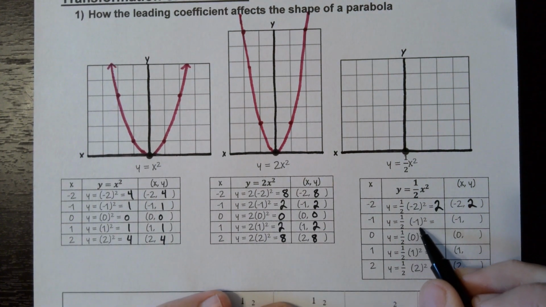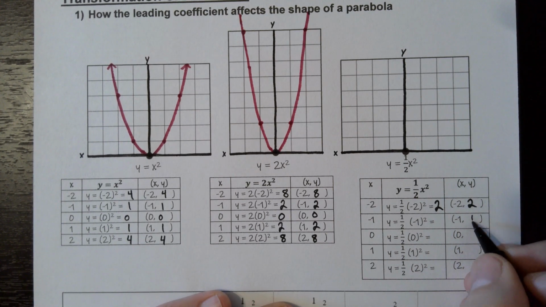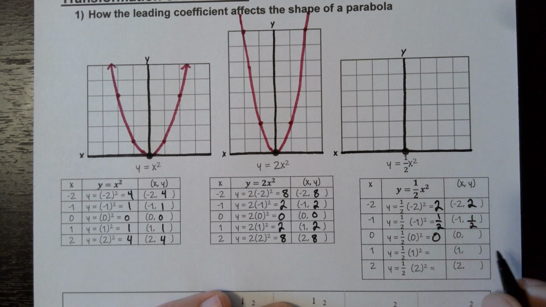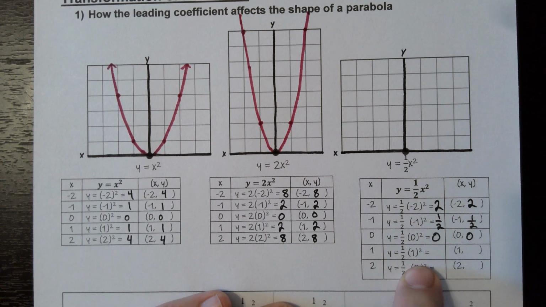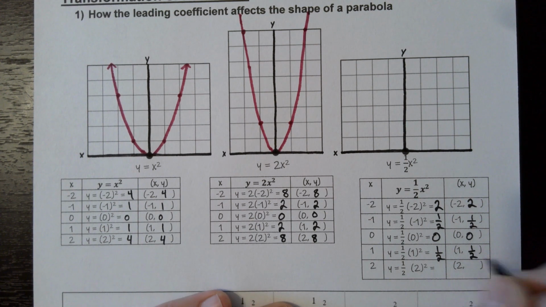Okay, we plug in a -1, it gets squared, becomes 1, and then 1 times 1/2 is just 1/2. 0, we plug in that, and we get a 0. And then our +1 squared is 1 times 1/2 is 1/2. So that's 1 comma 1/2. And then plug in a 2. 2 gets squared.